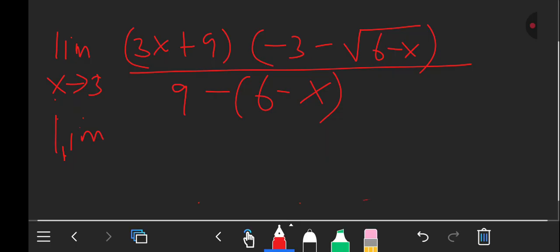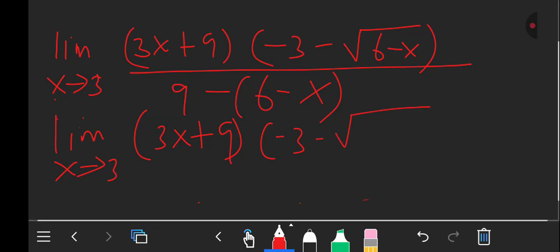At this point now, I can say the limit as x approaches 3 of 3x + 9, then negative 3 minus the square root of 6 minus x, over this, which can be evaluated to 9.